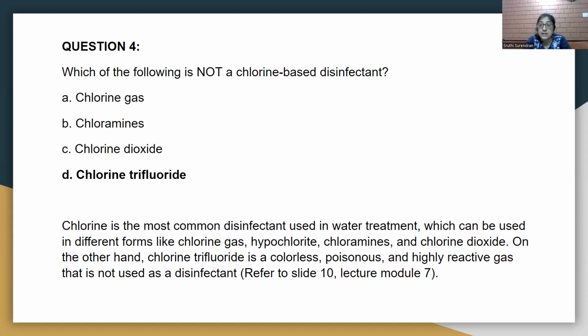It is important that you know the different types of chlorine products used in disinfection and be familiar with them. There's chlorine gas, hypochlorous acid, hypochlorite ion, chloramines, and chlorine dioxide that are used for disinfection when you consider chlorine as a disinfecting agent.